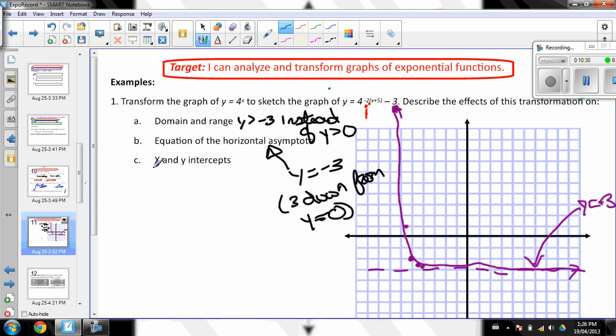Your x and y intercepts, well, we actually have an x-intercept, you can see now. So we do have an x-intercept. You can calculate that by using an intersection. And our y-intercept has also changed. Our original y-intercept is always 0, 1, but we can see that it's actually shifted down. Okay? So if I wanted to find my x-intercept, I could actually find the intersection with y equals 0.